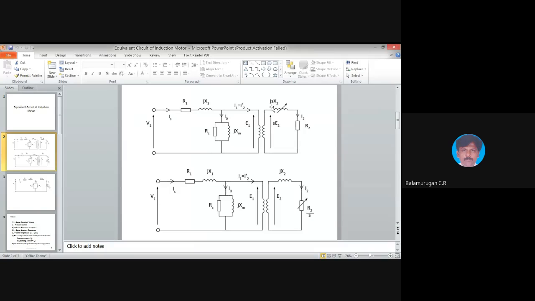Again, in order to have a fixed resistance, we are adding a resistance and subtracting the resistance, and rearranging the equation like this. We have a fixed resistance and fixed inductor on the rotor side, and we will have a variable load. This is a small conversion to get a simplified equivalent circuit, so that referring to the stator and rotor will be easy.